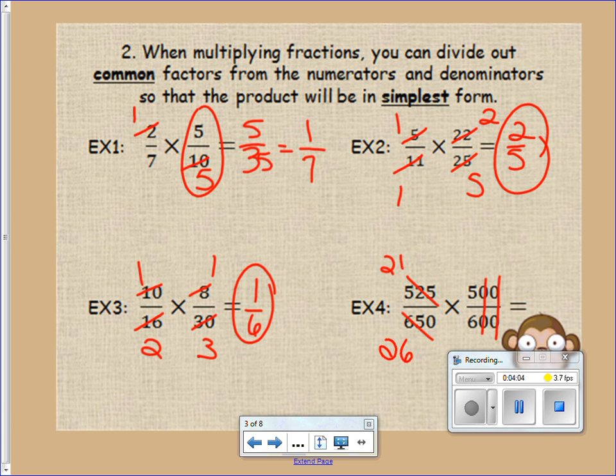Now we have 21 over 26 times 5 over 6. I'm also looking at another way to simplify it. This 6 and this 21 have a common factor of 3. So now I can multiply 7 times 5, which is 35, and 26 times 2, which is 52. And 35 over 52 is my final answer.